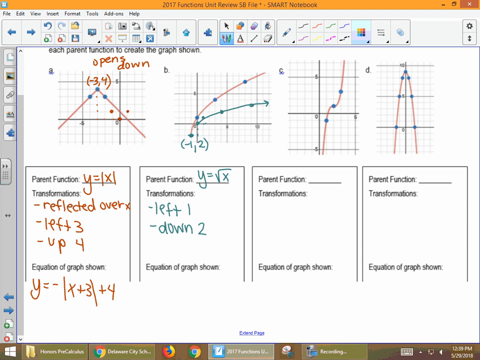Usually we go over 4, up 2. Let's see what happens when we go over 4: 1, 2, 3, 4. Up 1, 2, 3, 4, 5, 6. So this one was up 3, and this one is up 6 when it's usually 2. So that is a vertical stretch by a factor of 3.